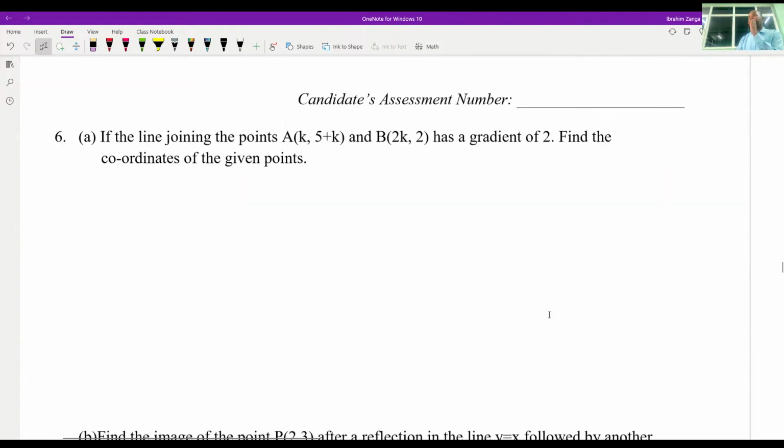If the line joins the points A and B, and also the line has a gradient of 2, determine the coordinates of the given points. So we are going to redefine point A and point B. I'm going to consider this to be x1, y1, and this x2, y2.